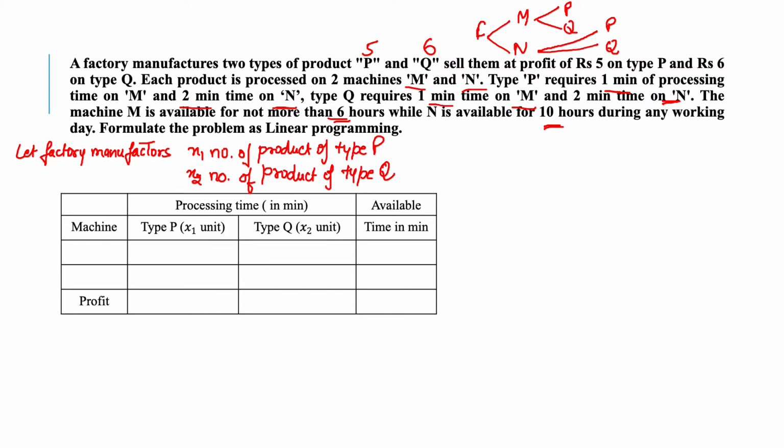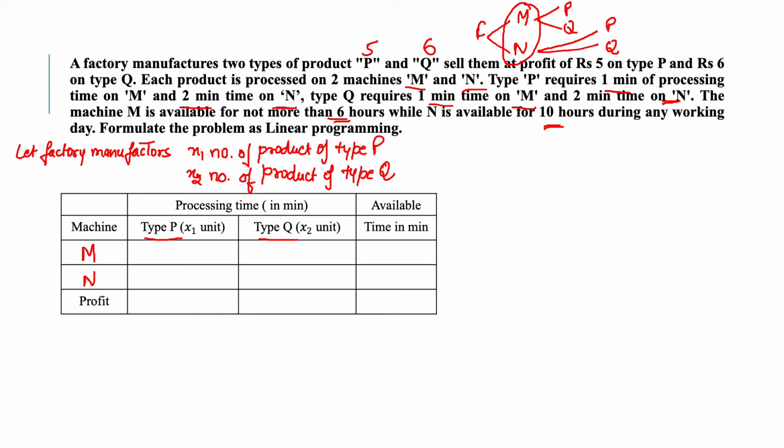In this question we have machines. How many types of machines do we have? We have two types, machine M and machine N. How many types of products do we have? We have product of type P and type Q. We are assuming x1 is the number of products of type P and x2 is the number of products of type Q. Now we will see the processing time.